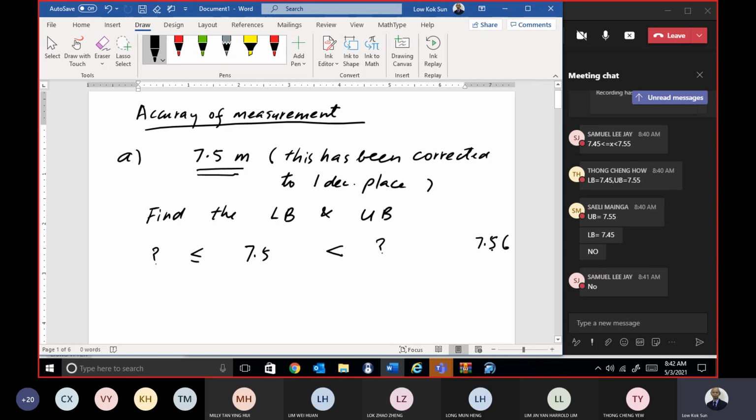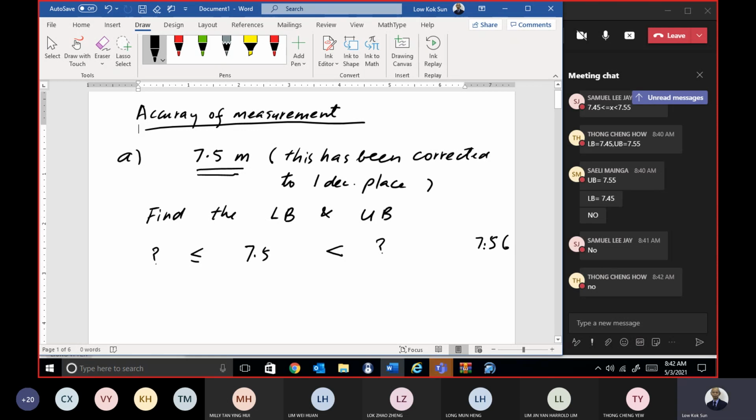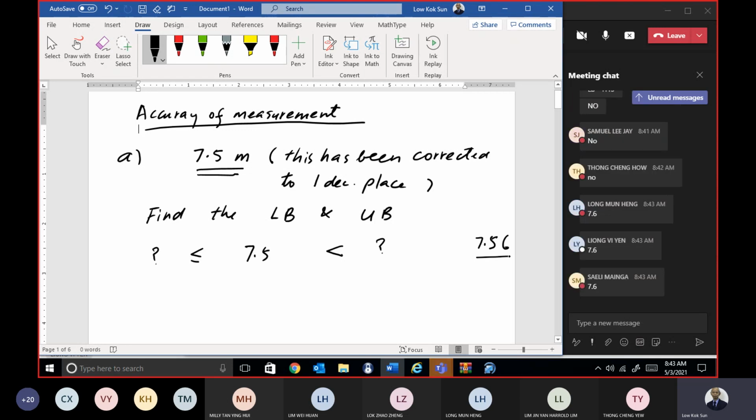No. Why? If it was 7.56, after rounding to one decimal, it becomes 7.6, but ours is not 7.6. After rounding ours is 7.5. So this is not possible.